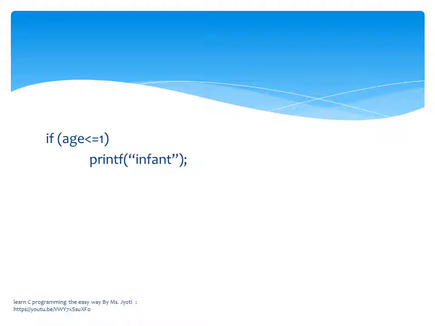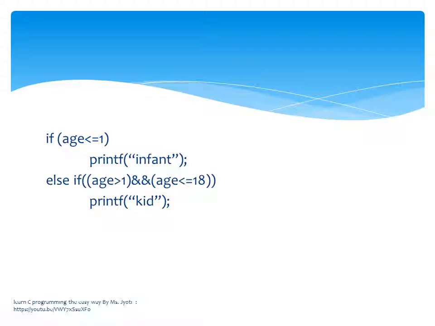Now what if there are multiple conditions on the basis of which you have to take decisions? Like in this particular program, the second condition is if the age is greater than 1 and less than or equal to 18, that means the age lies between 1 and 18, then you're going to print kid. So again in the else part, you have to take your decision on the basis of a condition.